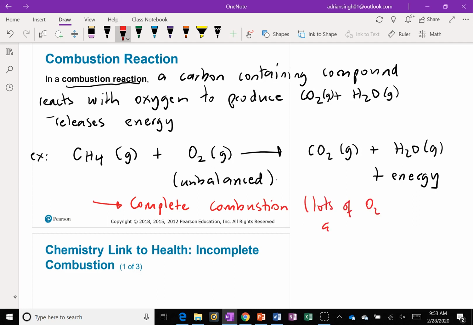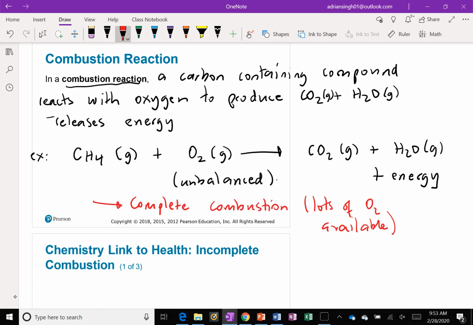Lots of O2 available, and you were able to adjust your Bunsen burner to move the barrel up or down to allow lots and lots of oxygen to come in. And as I had demonstrated to you in lab, if you turn the barrel the other way from the Bunsen burner, you actually saw the flame change to a yellow billowy flame.